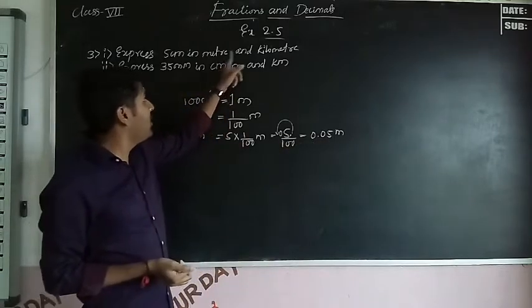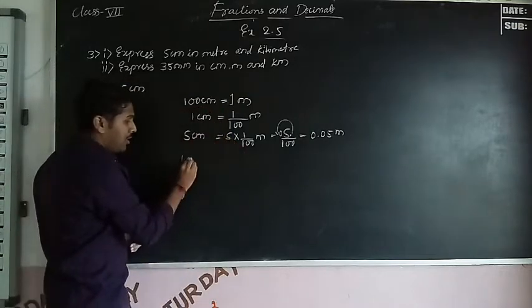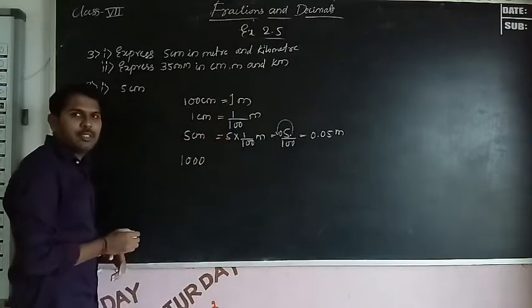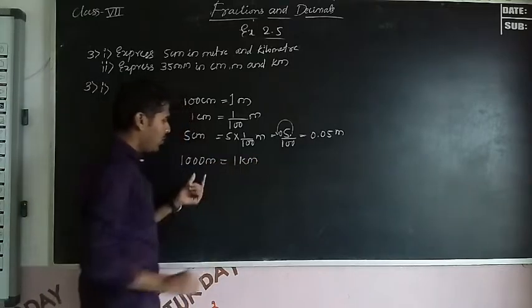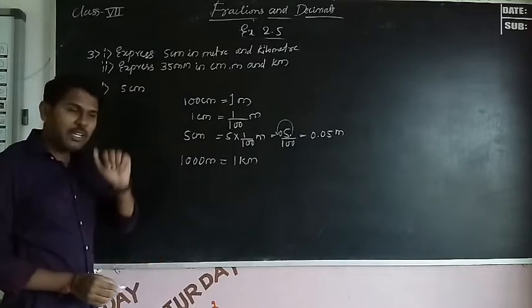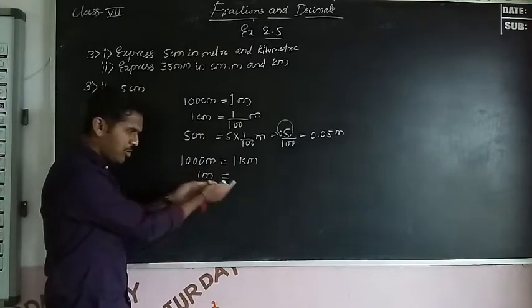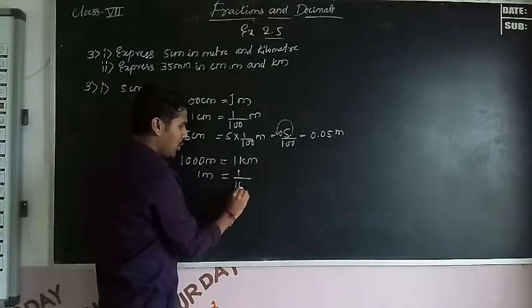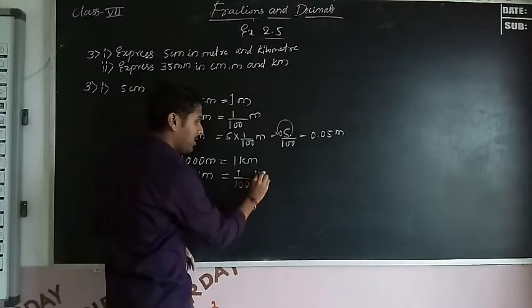But again you should convert it into kilometer. You know that 1 kilometer equals 1000 meter. So 1 meter equals 1 by 1000 kilometer.